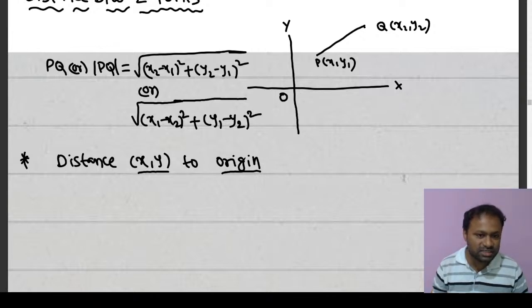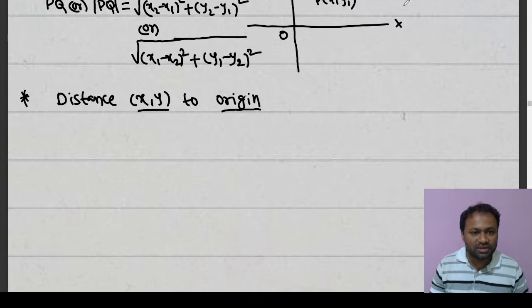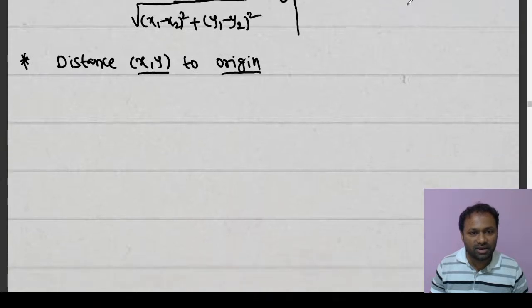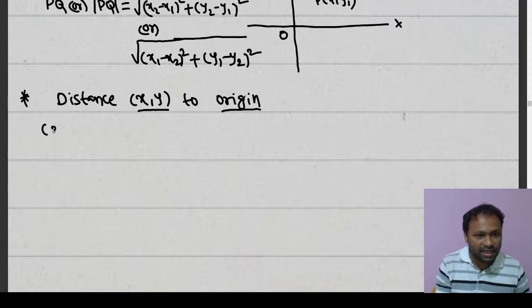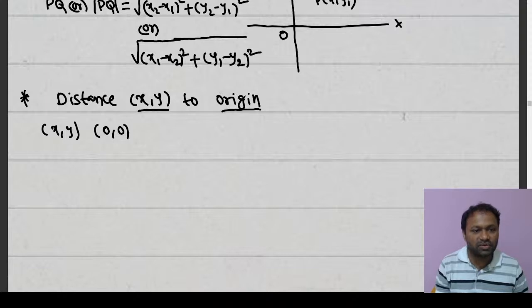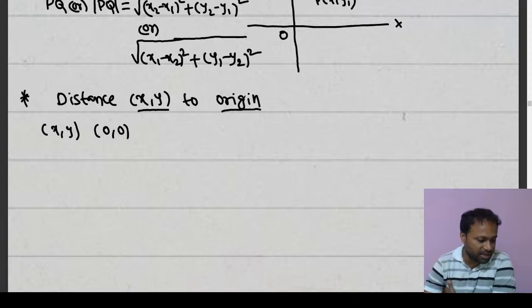Is there anybody to say the distance from point to origin? Anybody? Let me do it once. I will substitute in this formula. What is that formula? Ordered pair x comma y as well as origin.